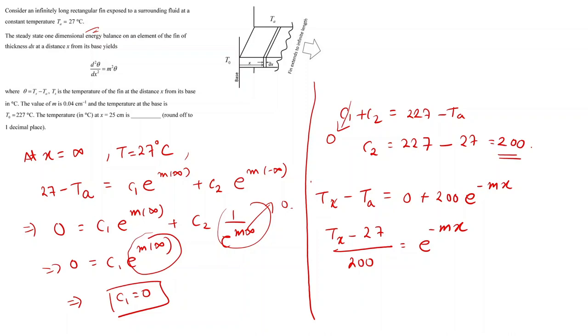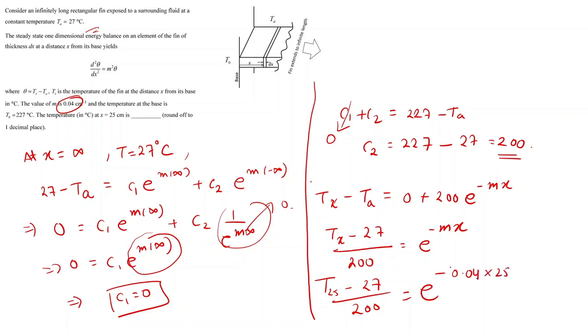Now we have been asked to find the value of temperature at x equal to 25. So we will just replace the value of x over there. The value of m we have been given as 0.04.